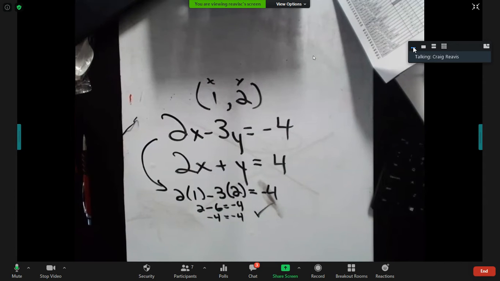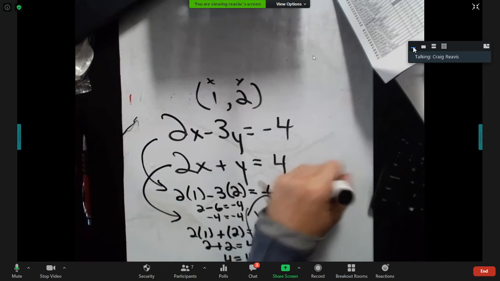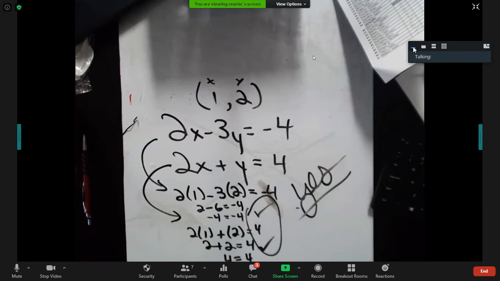I know it's on that first line. Then I'm going to take the second one and do the same thing. 1 in for x, I'm going to put 2 in for y. Does that equal 4? 2 plus 2 equals 4. 4 equals 4. Checks out. It checks for both of them. So yes, this is a solution.